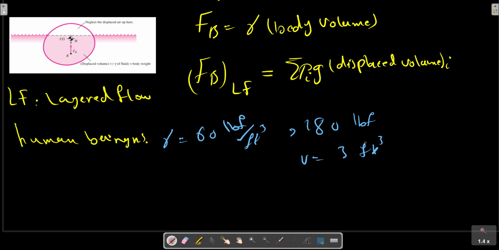At standard condition, the specific weight of air is determined. Hence, the buoyancy force for each human is about a fraction of a pound force. Buoyancy in air for humans.